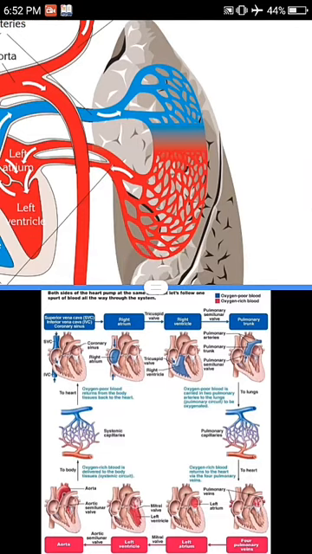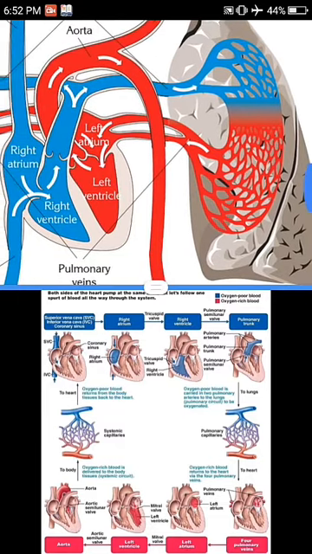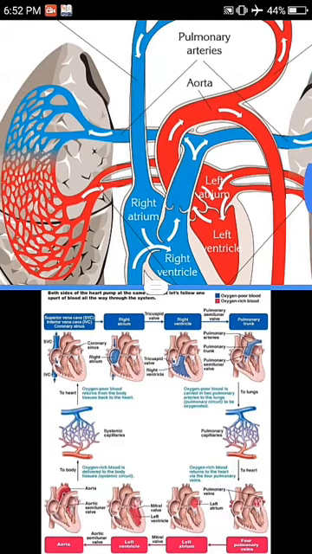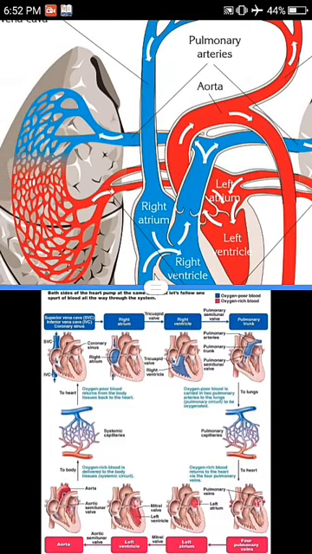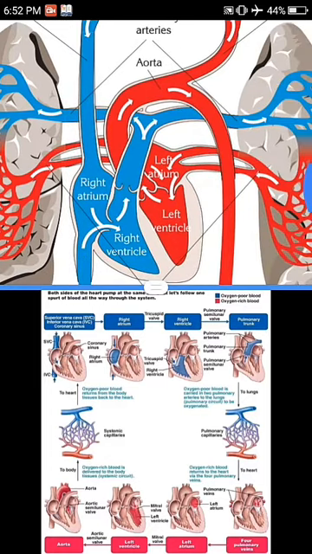So it becomes oxygen rich blood. That oxygen rich blood then travels to the left atrium, and then to the left ventricle.